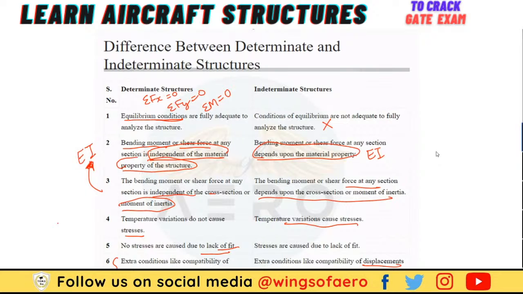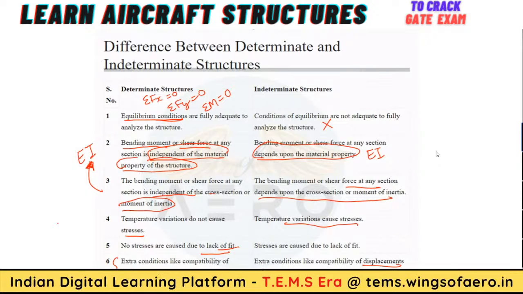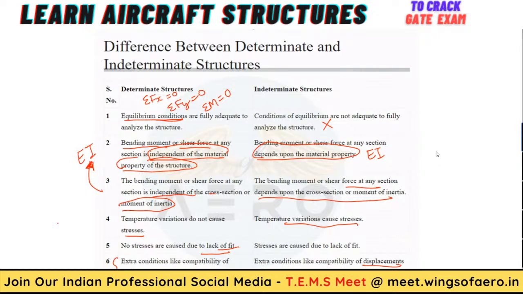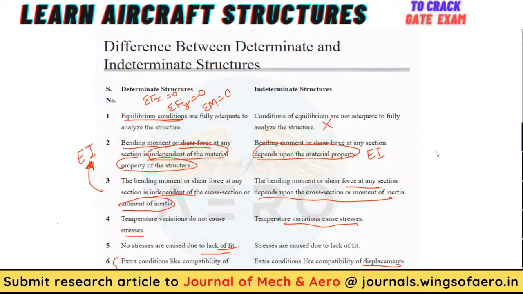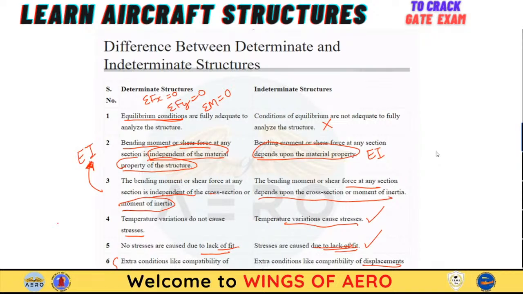But in case of an indeterminate structure, we will look into that. If the joints are not proper, that will cause some kind of shear stresses, or it will undergo some stresses, right? That will be included in your indeterminate structure. Both the temperature and this one depend on the problem statement.